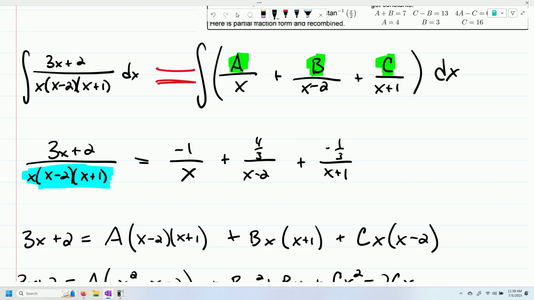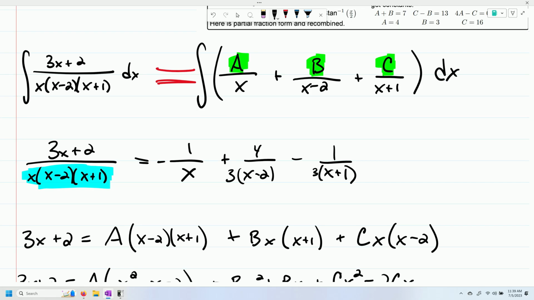And to clean this up a little bit nicer, I'm going to put the negative out front. 4/3 is just 4/3. And then -1/3 is right there.